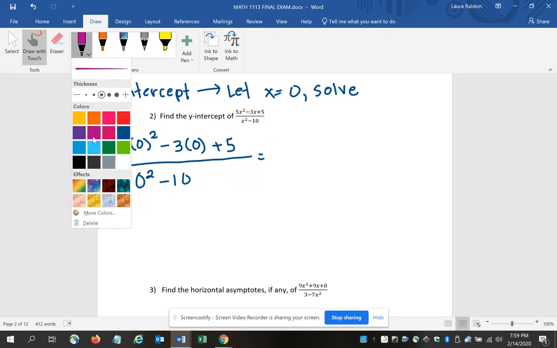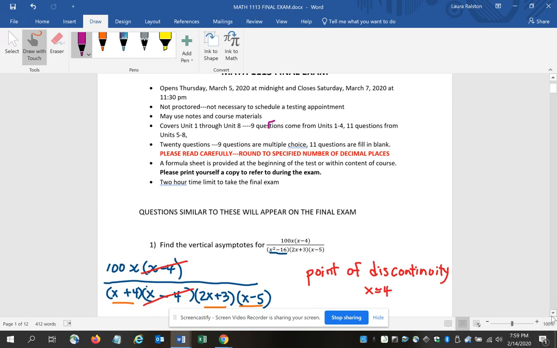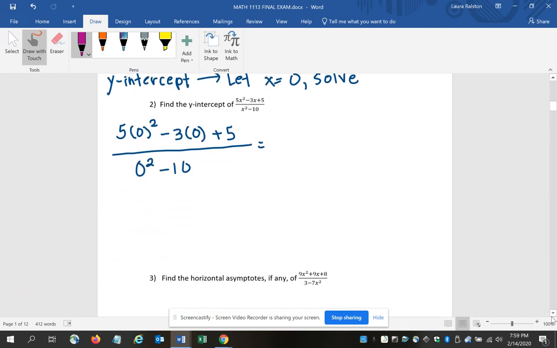Following order of operations, we would do the exponents first. So we would have 5 times 0 minus 3 times 0 plus 5 all over 0 minus 10.